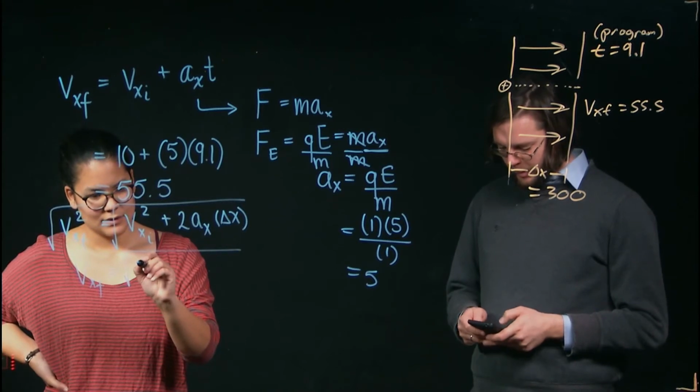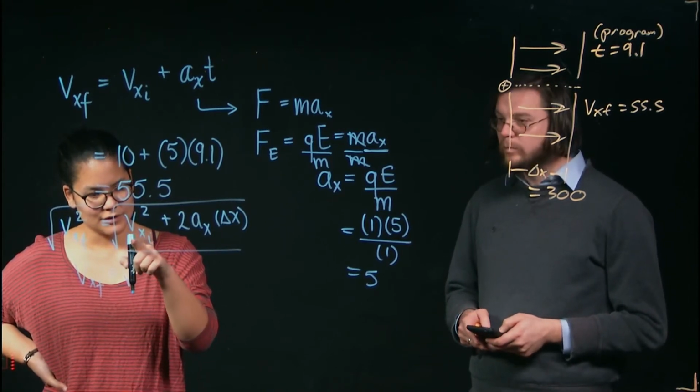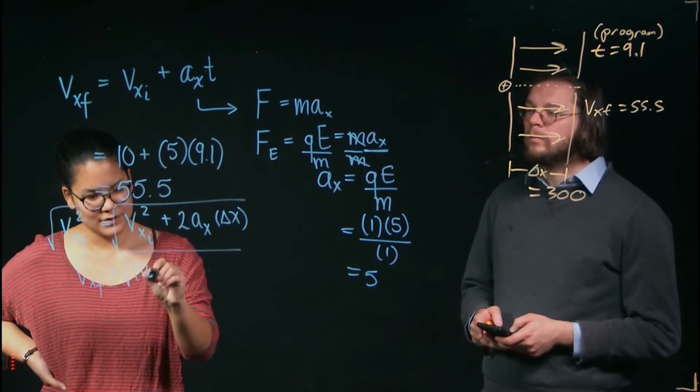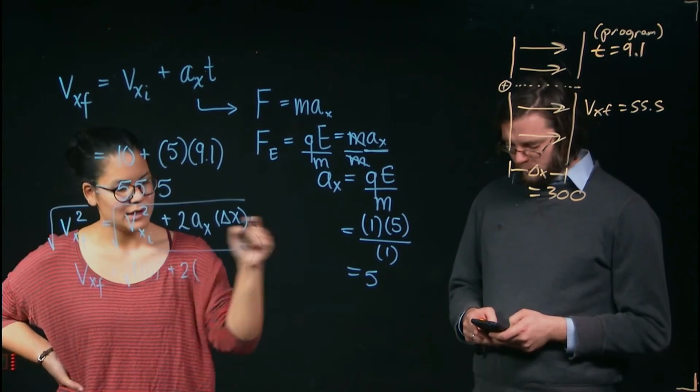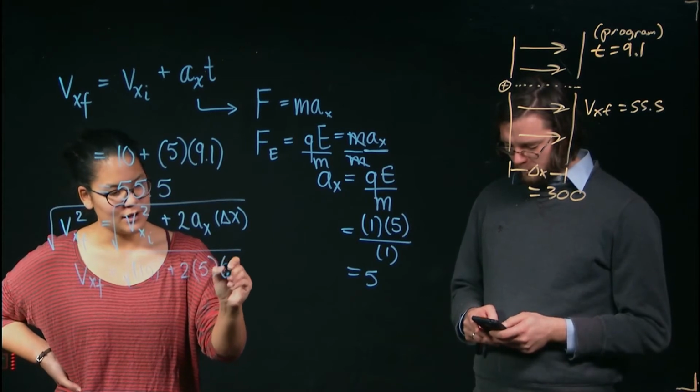I'm gonna get out my calculator here. So for VXI, we have 10 squared plus 2 times the 5 we solved for before, and now 300.